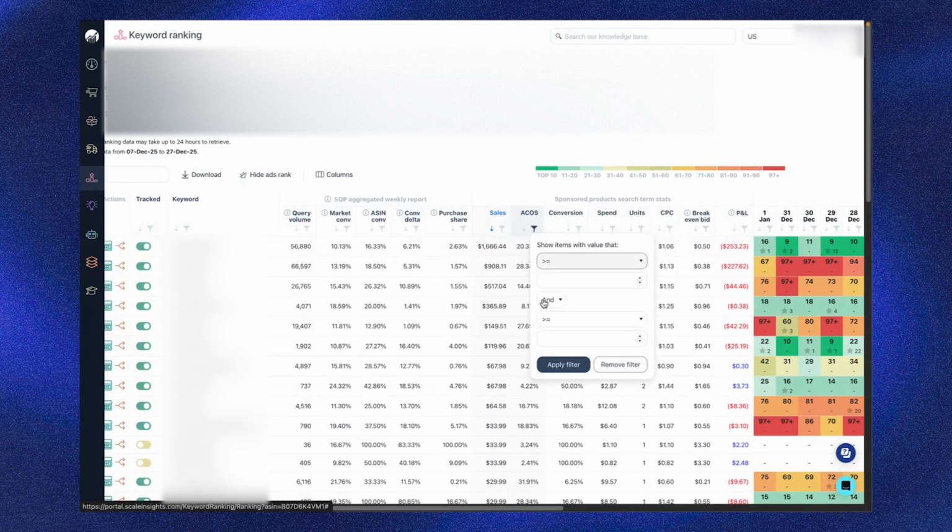So the first thing I like to look at is, you probably have a target ACoS on ASIN level. I would highly recommend that you do. That should be based on your break-even cost per acquisition and your conversion rate. Because, for example, if your conversion rate is 10% for the last 14 days, then in general, every 10th click is converting.